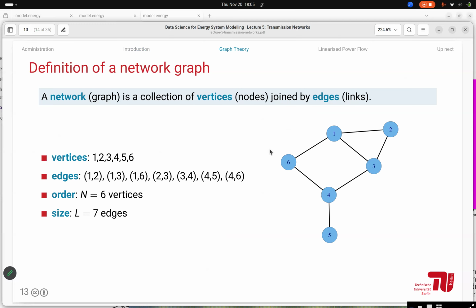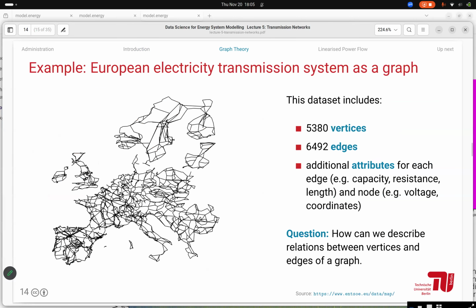So you have a network, it's just a graph of vertices or nodes joined by edges. The vertices in this case would be the nodes 1 to 6, and the edges you can just describe as connections between nodes. You have the order and the size. They just tell you about the number of vertices and the edges in the network, so just some statistical quantity.